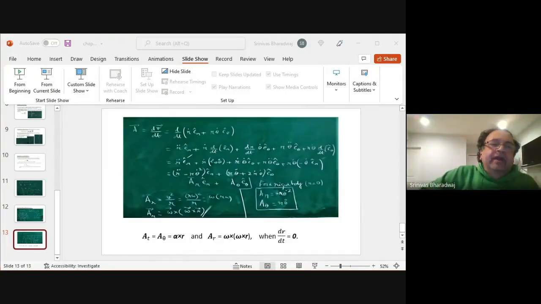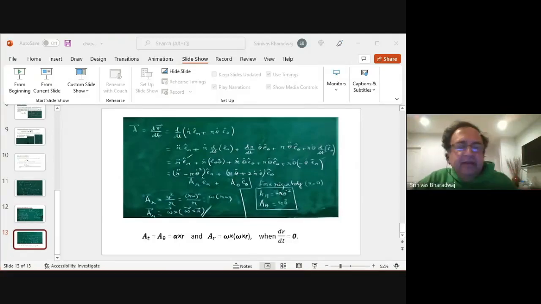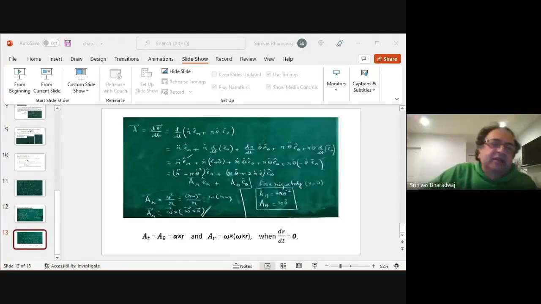So r times e_r, its derivative is dr/dt e_r plus r times de_r/dt. Therefore, you have these two parts to the velocity. One is the tangential and the other is the radial. Now, in uniform circular motion, there is only that tangential component.